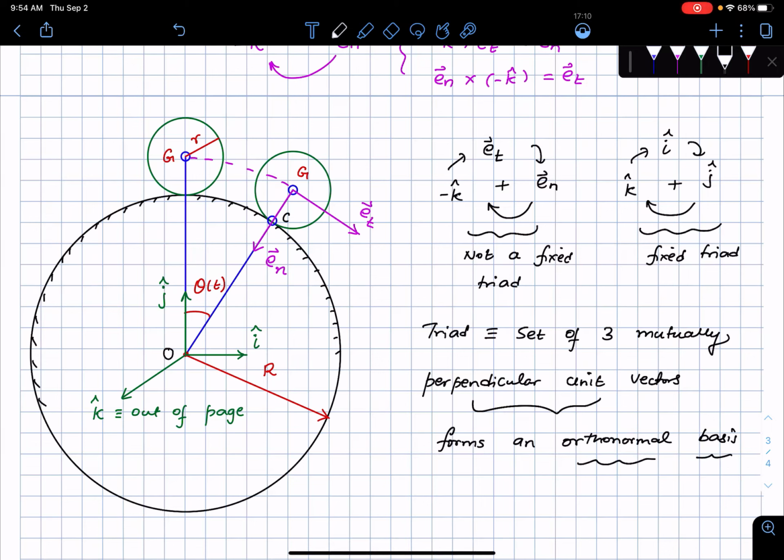Not very important as to where we're going to be using that particular scenario, but I just want to let you know about it. Okay, so the radius of the disk is little r, the radius of the big track is capital R.